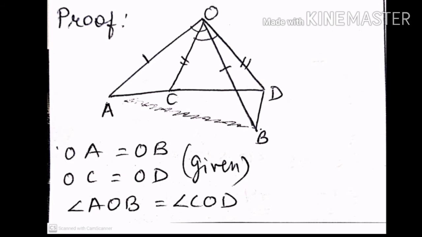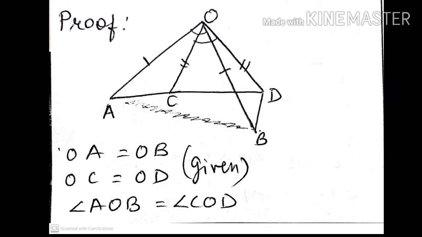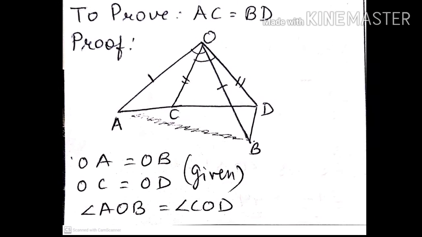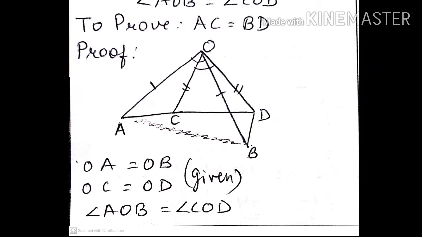Like OA is in triangle AOC and BOD, we show the congruency. So in AOC, that angle AOC is AOB minus COB, that COB is the common angle in both the angles AOB and COD.